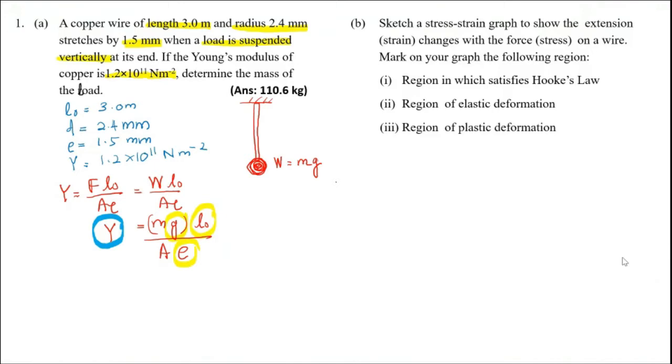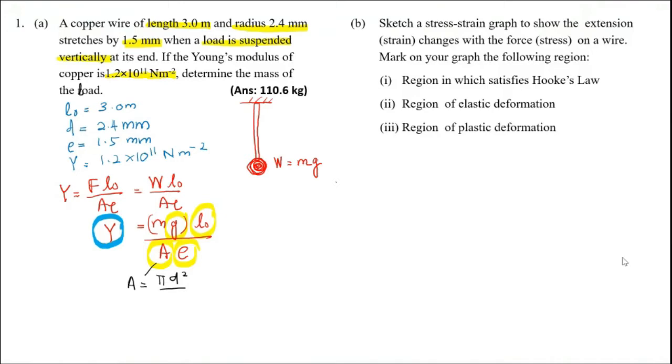And then the A, even though the A is not given, we can find the A from the diameter given, because A is equal to pi d squared per 4.